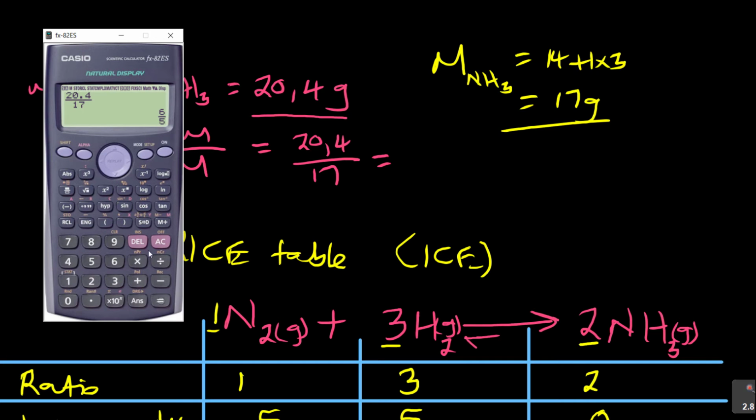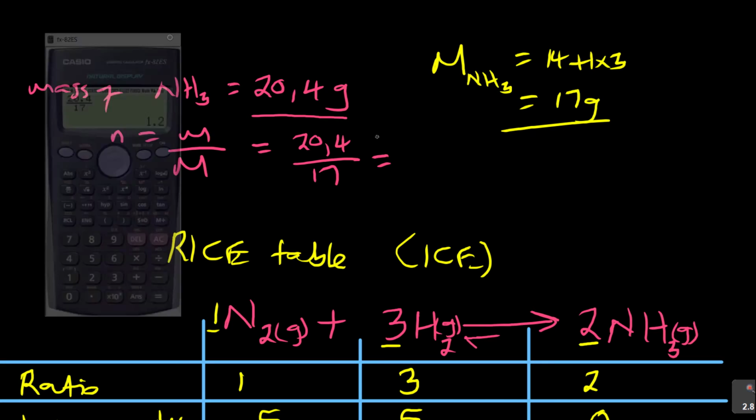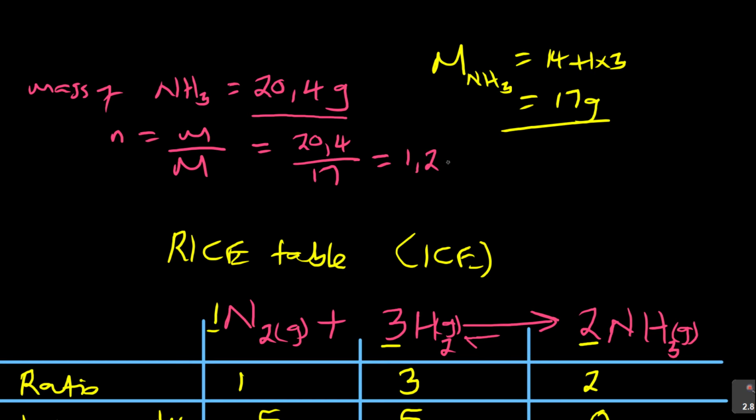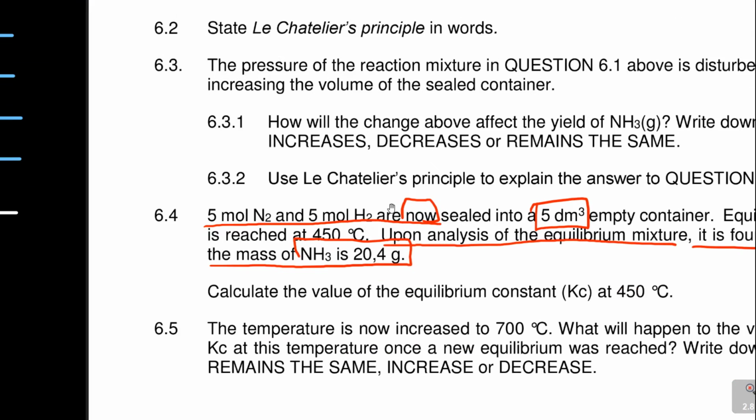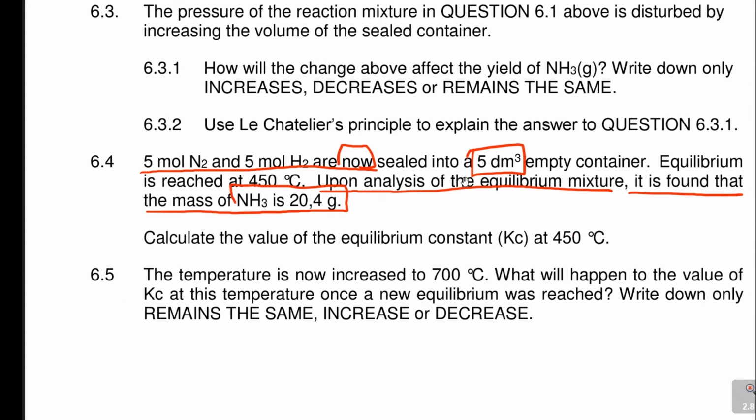It gives me 1.2. But don't forget, this is at equilibrium. Are you with me? Because they said at equilibrium: the analysis of the equilibrium mixture, it is found that the mass of ammonia is 20.4 grams. Now calculate the value of the equilibrium constant, you understand?